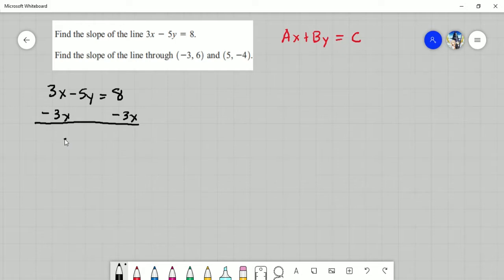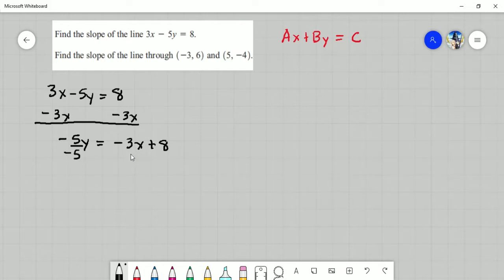That leaves me with negative 5y equals, and I'm going to put the minus 3x first, minus 3x, and then the 8, since it's positive, will be plus 8. All right, so now I need to get rid of the negative 5. So divide both sides of the equation by negative 5.